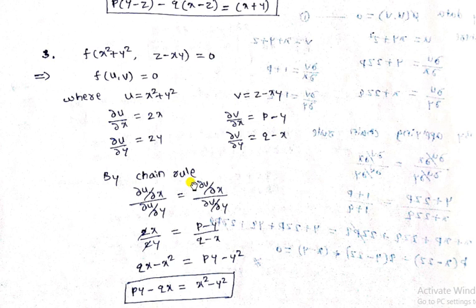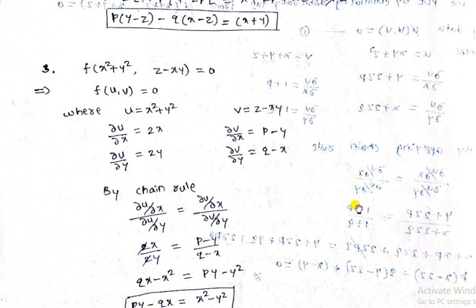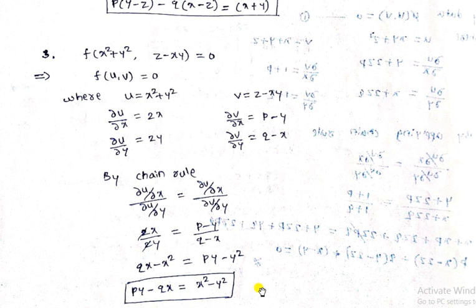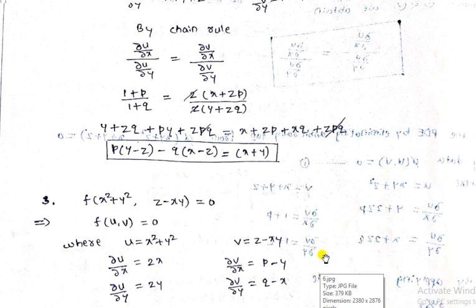Then according to the chain rule, divide 2x by 2y equals p minus y by q minus x. So 2 cancels out. Then cross multiply these terms and express in this form, which is the required solution.